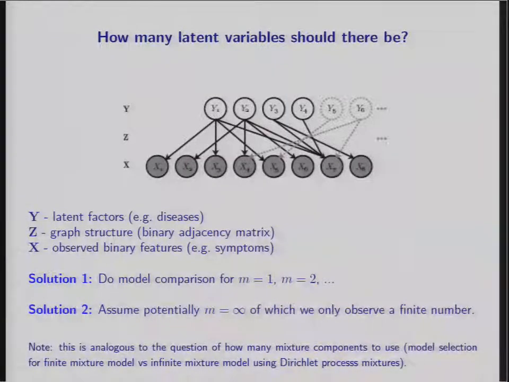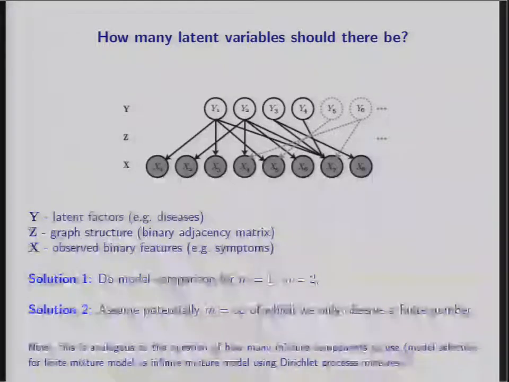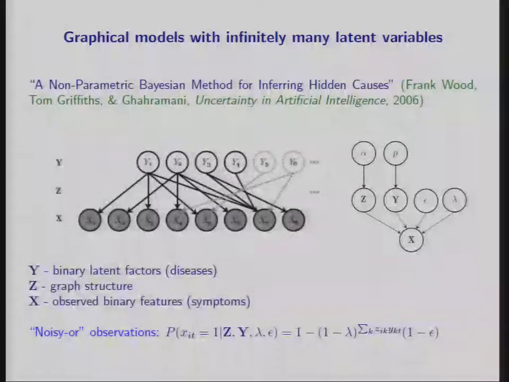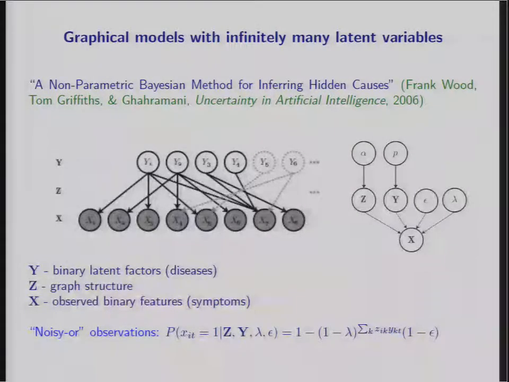The basic idea here is I'm going to assume potentially infinitely many hidden variables, and then I'm going to ask, of this pool of infinitely many variables, how many do I need to connect to my observed data? This is joint work with Frank Wood and Tom Griffiths. We did some work where we looked at nonparametric Bayesian learning of graphs with these hidden causes for some observed data.